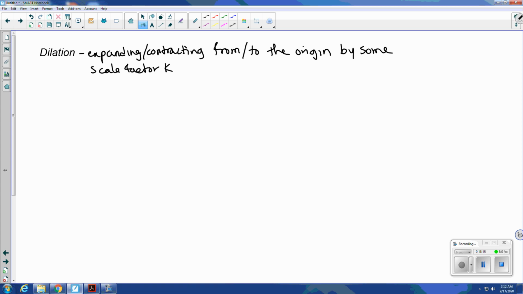Now the operation that we'll be dealing with for dilations, we're going to be multiplying by something that's not -1. It's actually a positive number, so by some number.